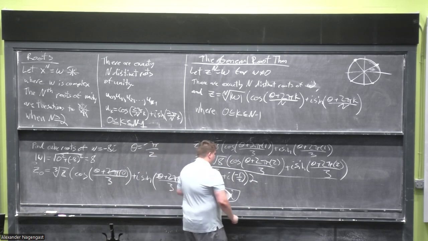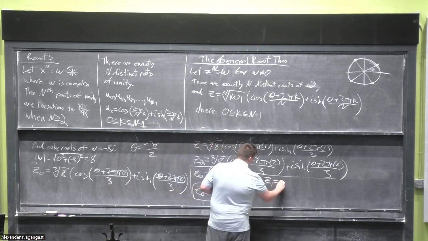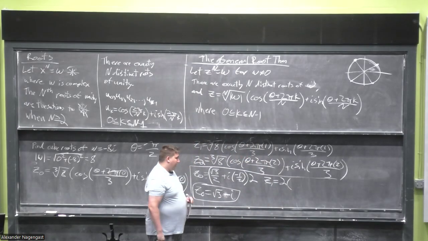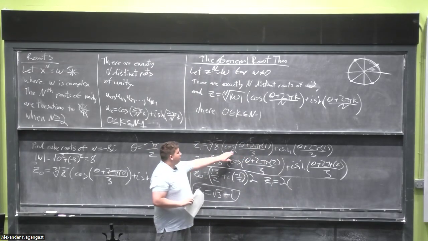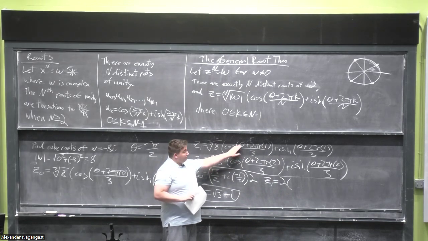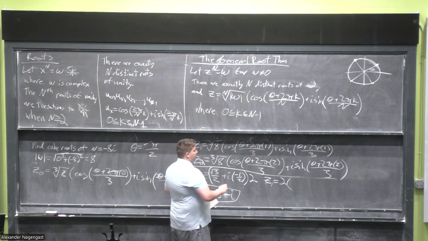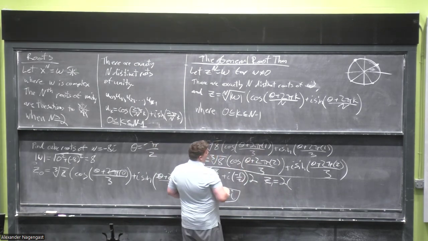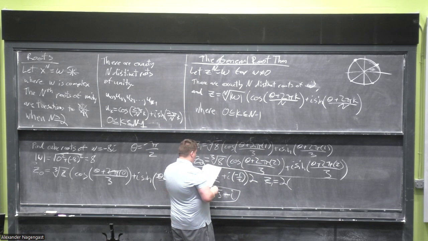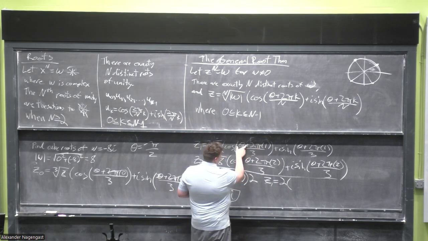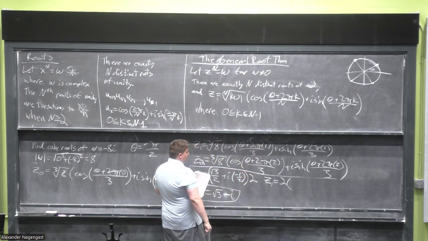So let's look at z1 now. We'll again have the same radius. We now plug in negative pi over 2 for theta, and we can then have this simplified into cosine of pi over 2, because we'll have 2 pi plus negative pi over 2, divide that all by 3.